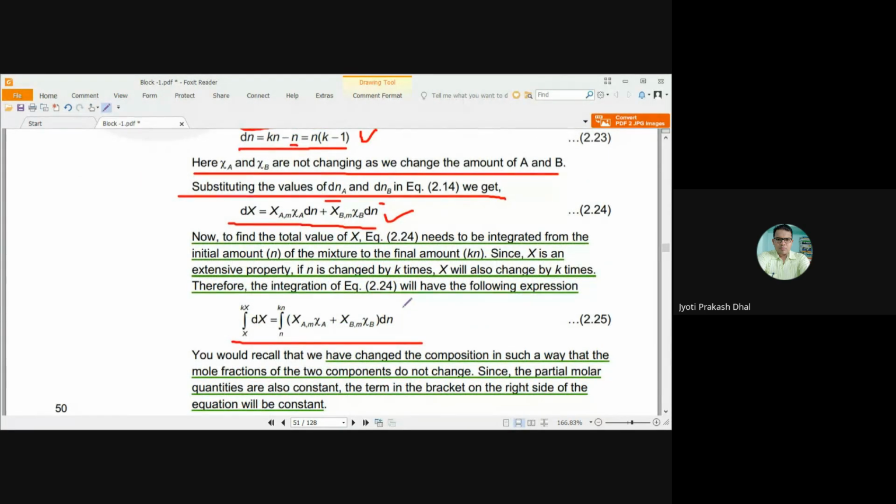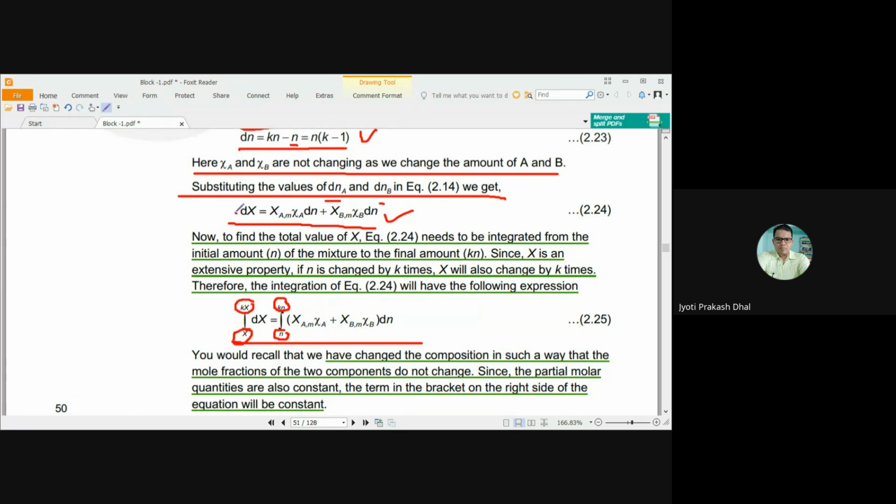Now integrating equation 2.24, taking the limits. Here the initial number of moles was n and the final number of moles was kn, and the initial thermodynamic property was X and the final thermodynamic property was kX.